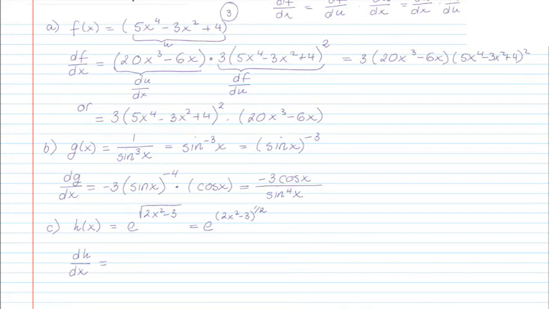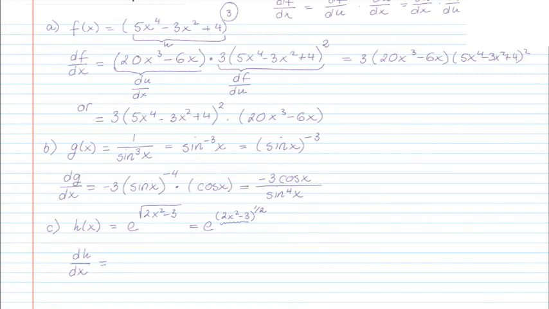So again, in this particular case, I have a nested function. Why? Because first I have e to something. Now this something is another something to the power of 1/2. In other words, if I were to evaluate this function, I have to calculate 2x squared minus 3, then take a square root of that, and then put the result into the power of e.